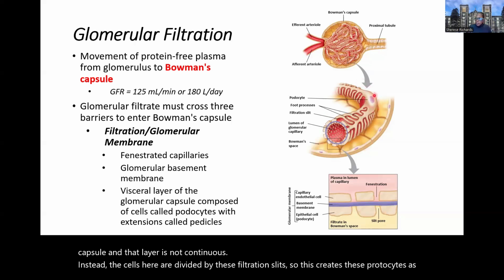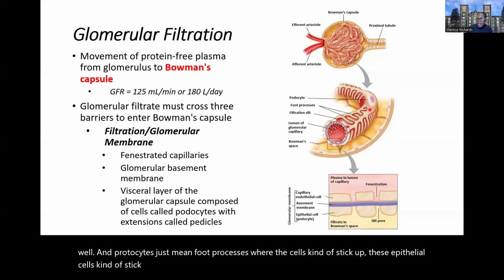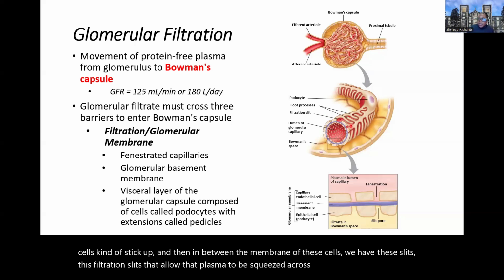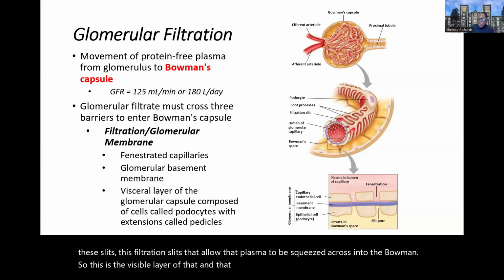And podocytes just mean foot processes, where these epithelial cells kind of stick up. And then in between the membrane of these cells, we have these filtration slits that allow that plasma to be squeezed across into the Bowman space. So this is the visceral layer, and that is continuous with the parietal layer, which is out here in the Bowman's capsule.